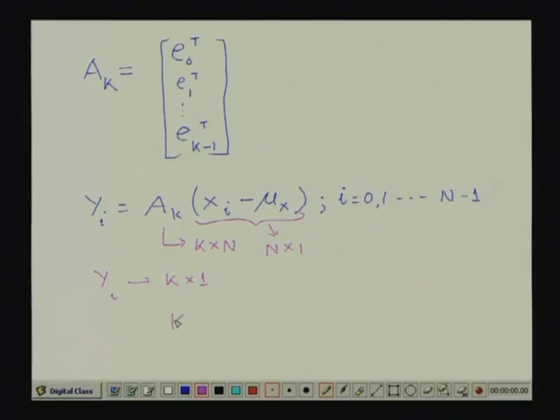That means the transformed image will consist of n column vectors, where every column is of dimension k. So the transformed image is of dimension k by n, having k rows and n columns. You remember that our original image was of dimension capital N by capital N.